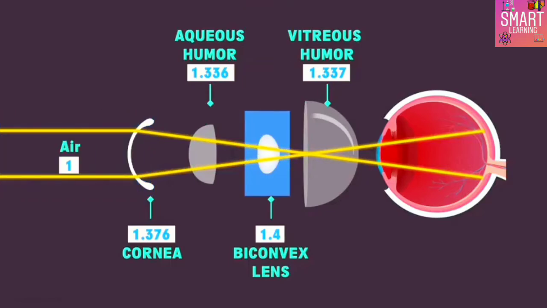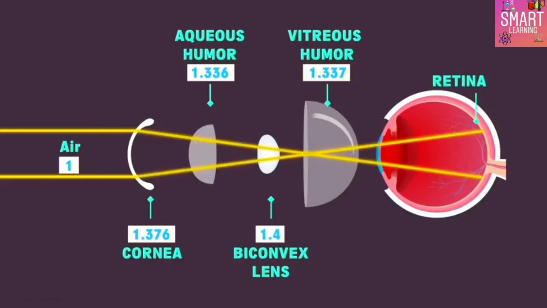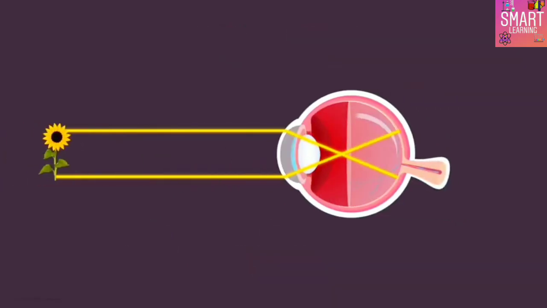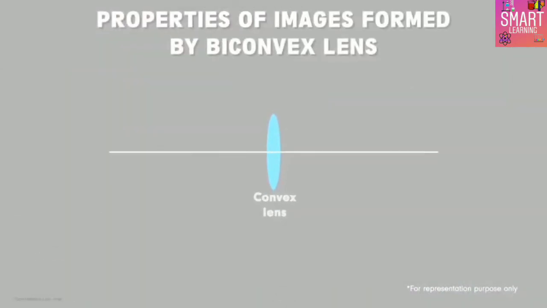However, its main function is to make sure all the light from a point is focused on the retina only. Yes, it just fine tunes all the light so that the image forms on the retina, not anywhere else. But how does the lens do that? We have studied the properties of images formed by a biconvex lens in the past.